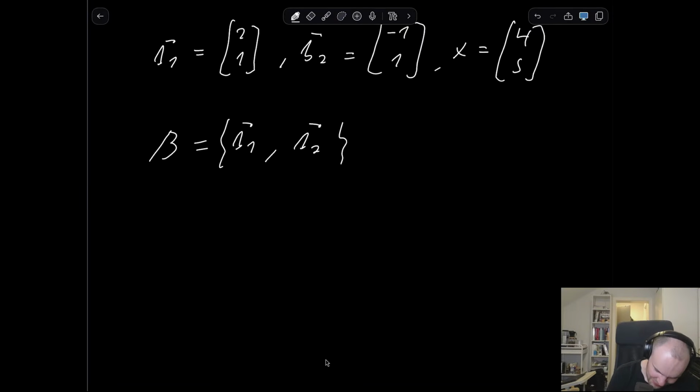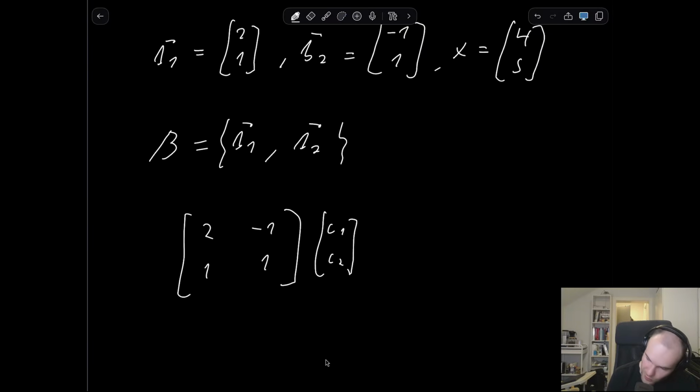Okay, so of course now we can write this as a matrix, right? Now I have 2, 1, minus 1 and 1. And what do we want? We want some C1 and C2. If I run those coordinates through that machine, I will get 4 and 5. Yeah, so that is the representation here.